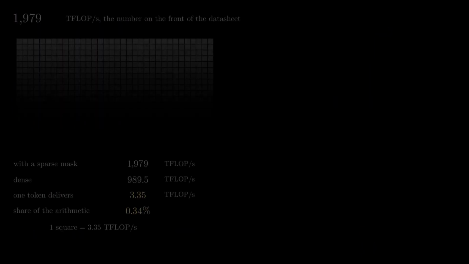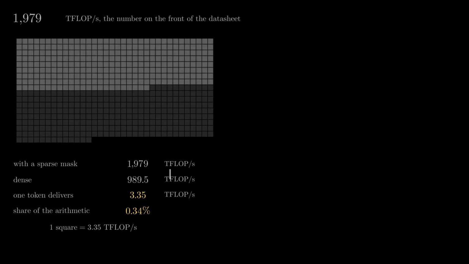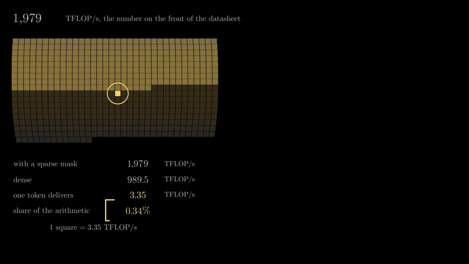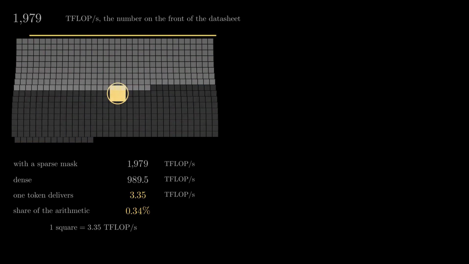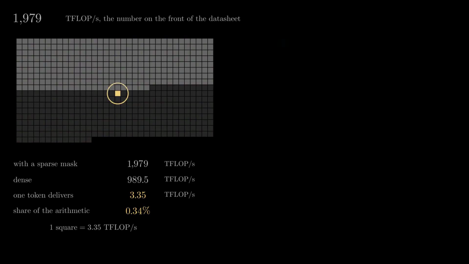I want to finish on the part of this I find genuinely strange. We have built an entire industry on chips whose headline specification is arithmetic, and the workload that industry actually sells you, a model answering a question, uses about 1/3 of 1% of it.